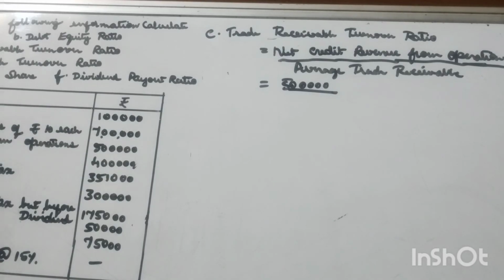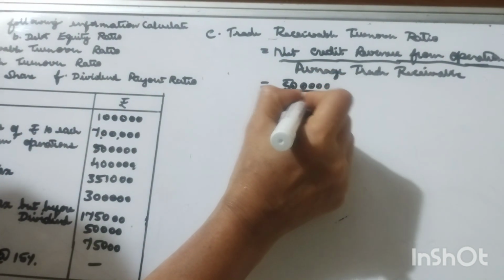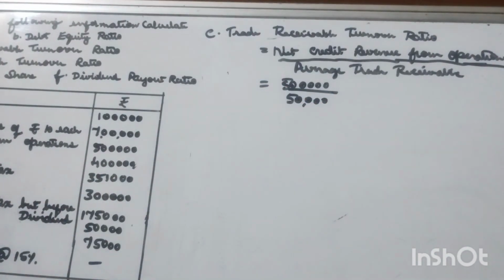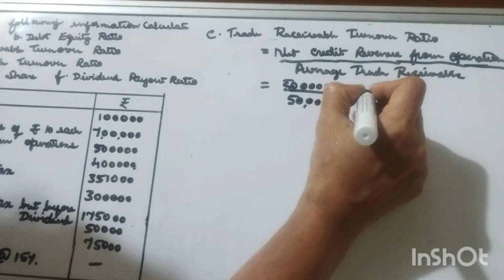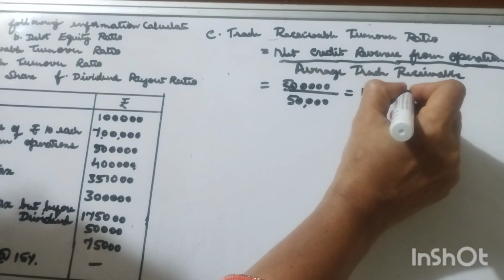Trade receivable value is 50,000. Average trade receivable is equal to opening trade receivable plus closing trade receivable divided by 2. Here opening and closing trade receivables are not given, so we need to consider the trade receivable value that is given as 50,000. It has to be expressed in terms of number of times.